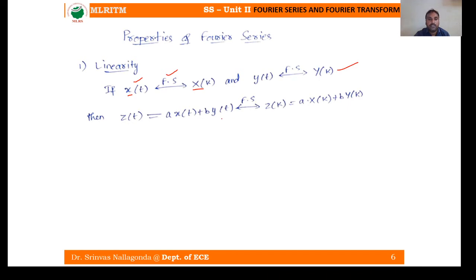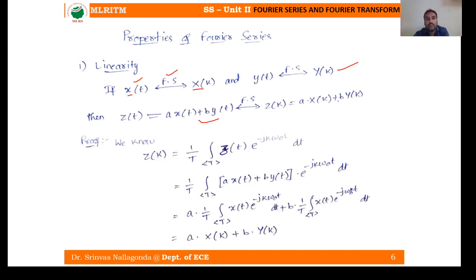If you take this sum with some weighting factors, then the Fourier series of this is z of k equal to a into x of k plus b into y of k. This is the linearity property of Fourier series. Now the proof. Let me prove. z of k, I would like to get this when z of t is equal to this.